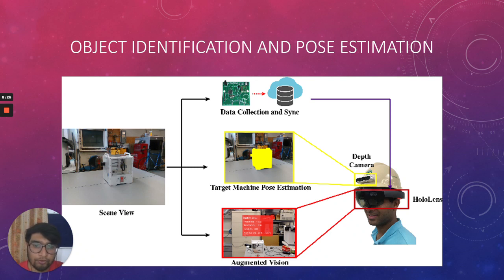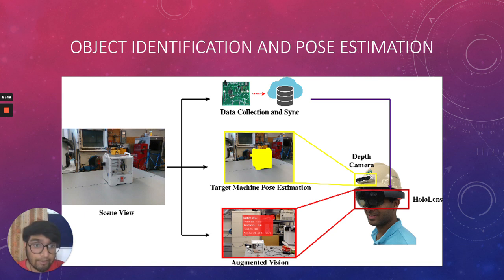Everything here is the part where algorithms are working. Then we are using the depth camera, which is situated on our X-Vision device. In this case, this is a HoloLens, which is a completely different device, but it also works on augmented reality.